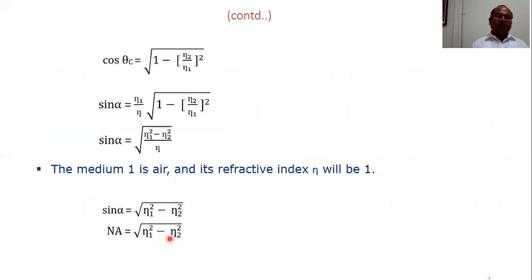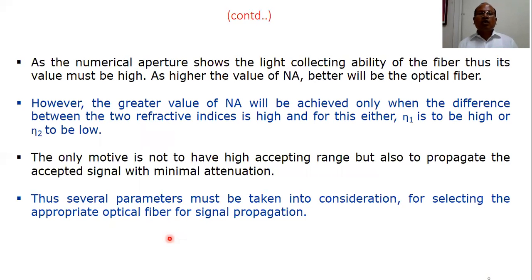Because if both are very large, n1 plus n2 will be high, but the difference will be very small, and the ultimate product will be small. So n1 is to be very high and n2 is to be low, so the difference will be larger.